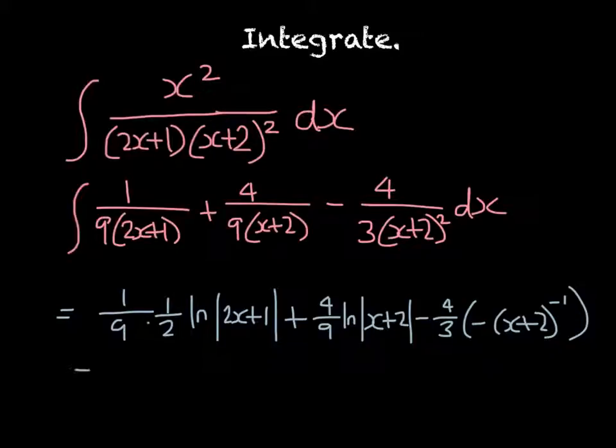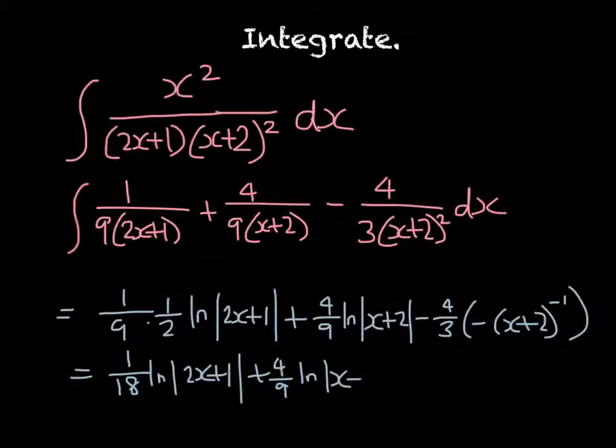And so simplifying real quick, that'll be 1/18 ln 2x plus 1 plus 4/9 ln x plus 2 plus 4/3 times x plus 2 plus c.